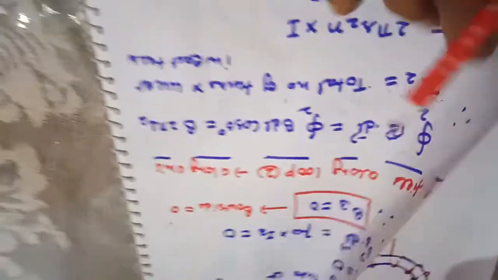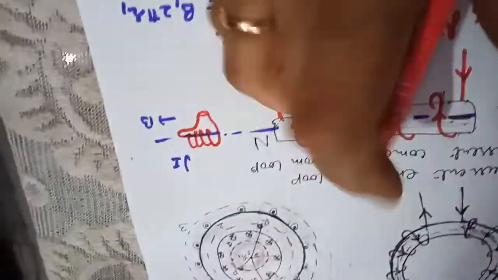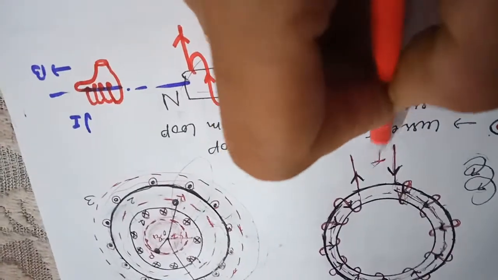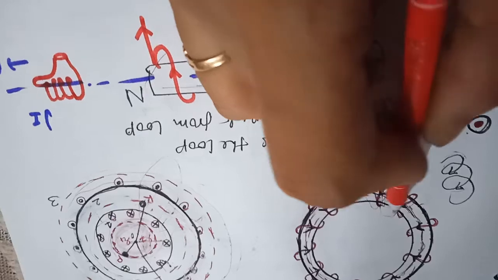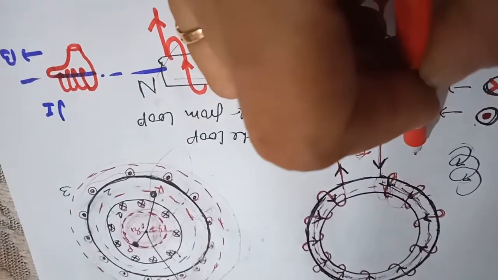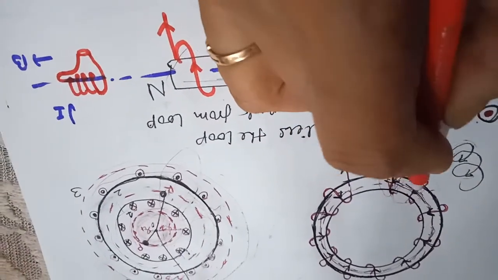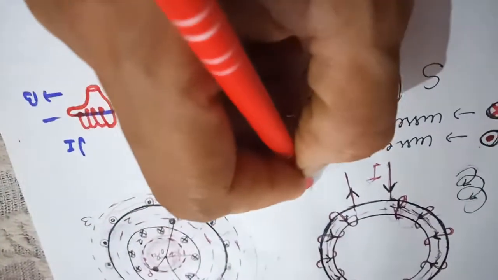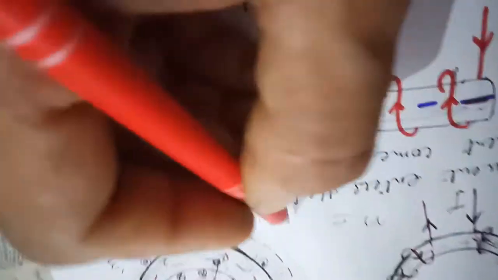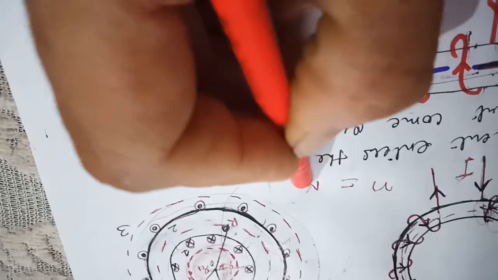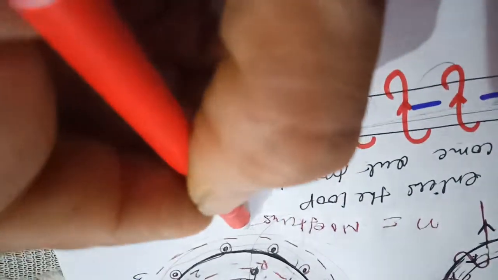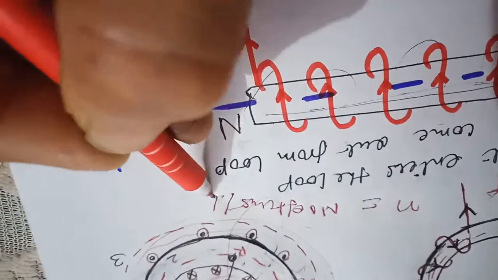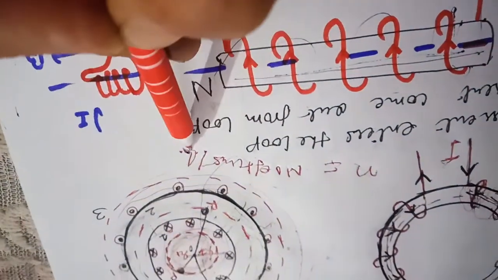The current I is flowing in each turn. So first of all you have to find the total number of turns. Small n is the number of turns per unit length.